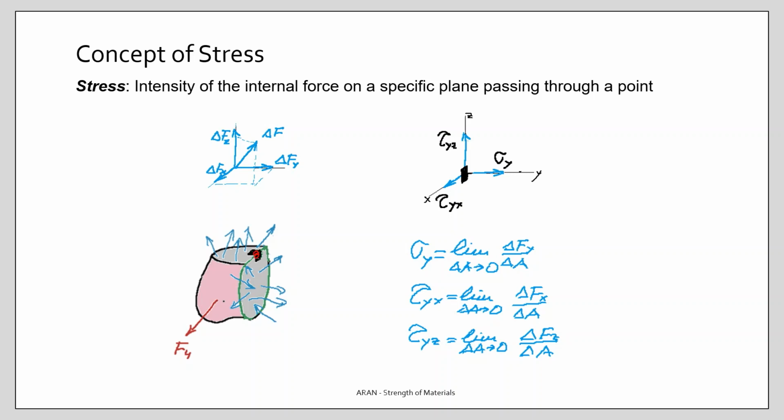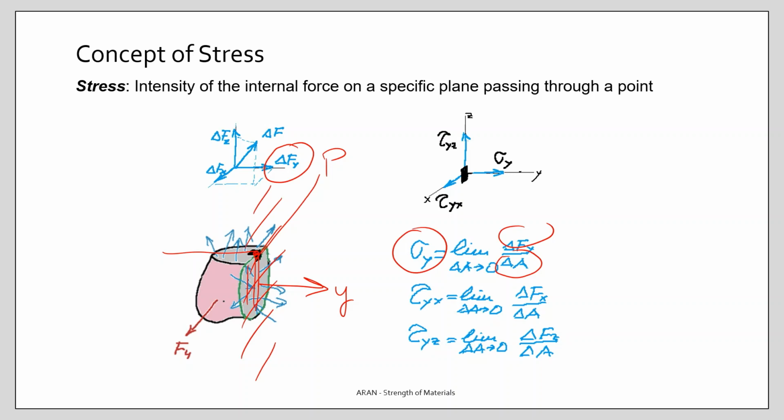Well, through the same point, P, we can make another cut, perpendicular to the previous one. In this case, my normal is in the y direction, and in the y direction, when you take the delta Fy divided by delta A, gives you sigma y, which is the normal stress, and the shear stresses are caused by the forces delta Fz and delta Fx.